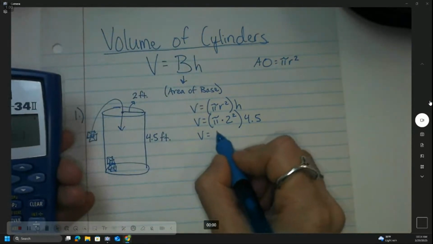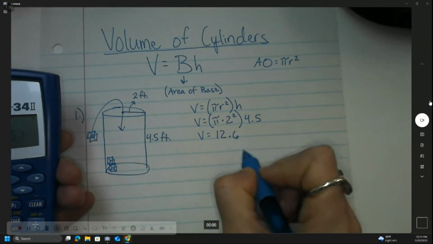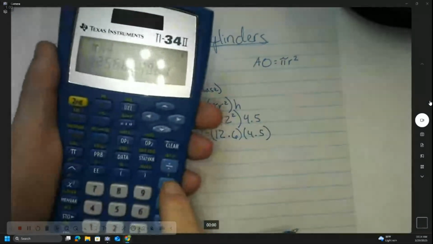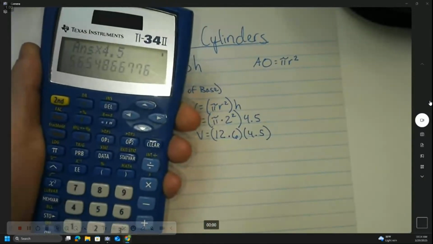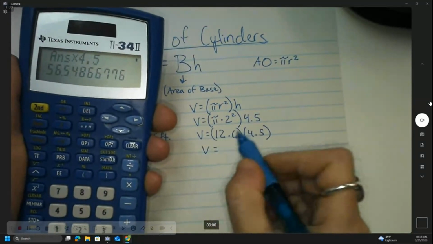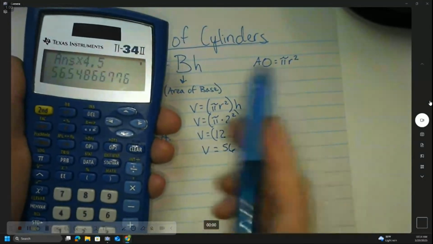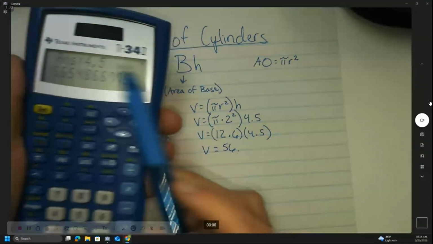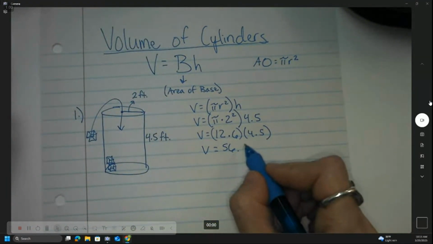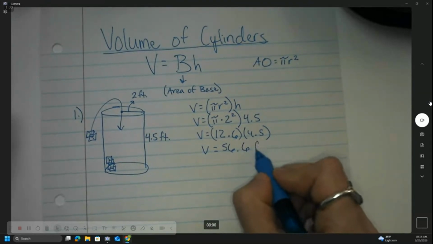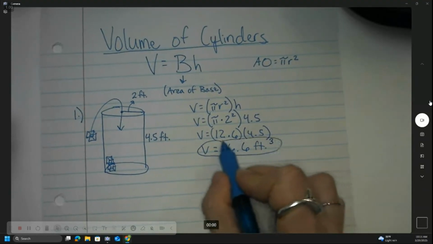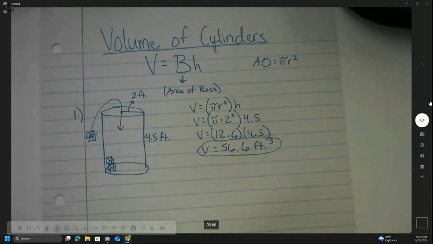So now you have 12 and 6/10, and we're going to multiply it by 4.5, and you get volume, which equals 56. That 8 turns that 4 into a 5, which turns that 5 into a 6. So 56 and 6/10 feet cubed, because we're actually using cubes to see how many fit.